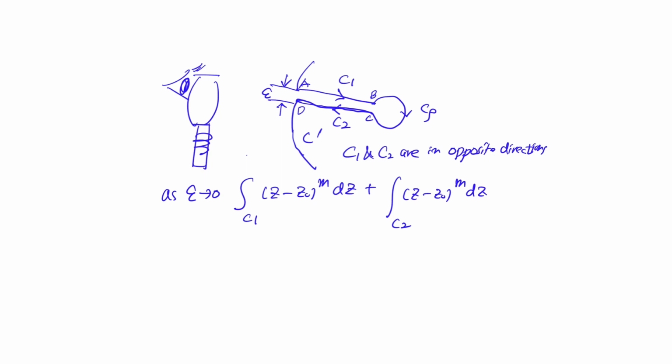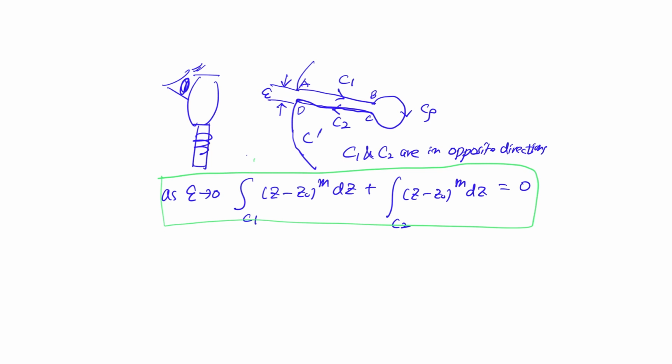Then C1 and C2 will cancel each other, right? Sure? Going to be 0. Can you accept this?